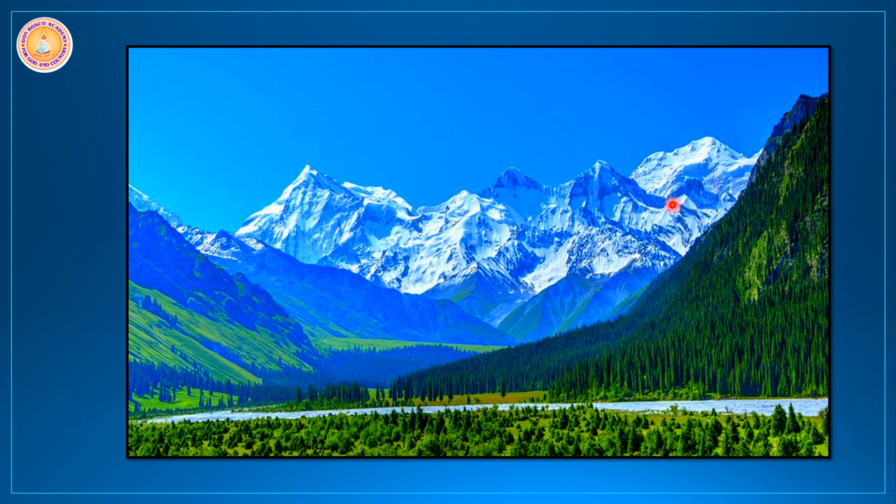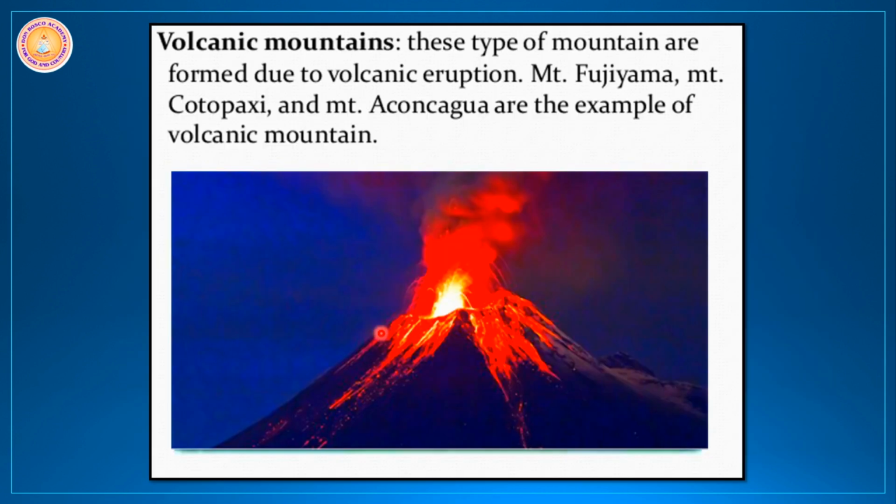In many places, they can be volcanic mountains also, as for example, Cotopaxi, Aconcagua, Fujiyama. So, fold mountains around the world are also associated with volcanic mountains.